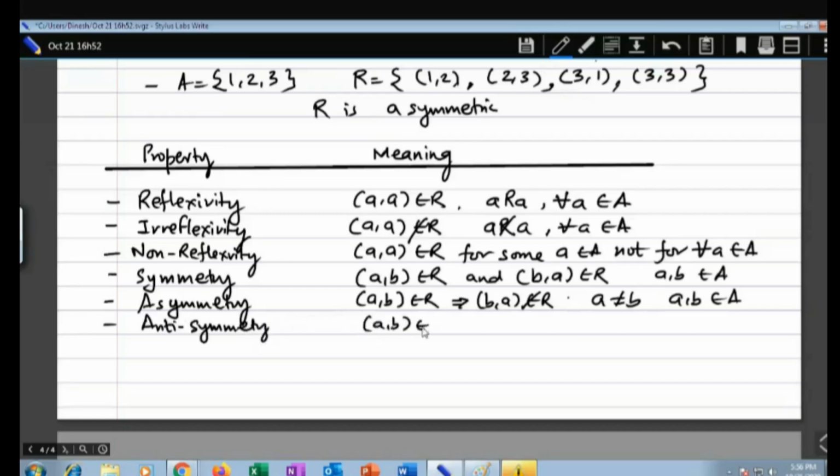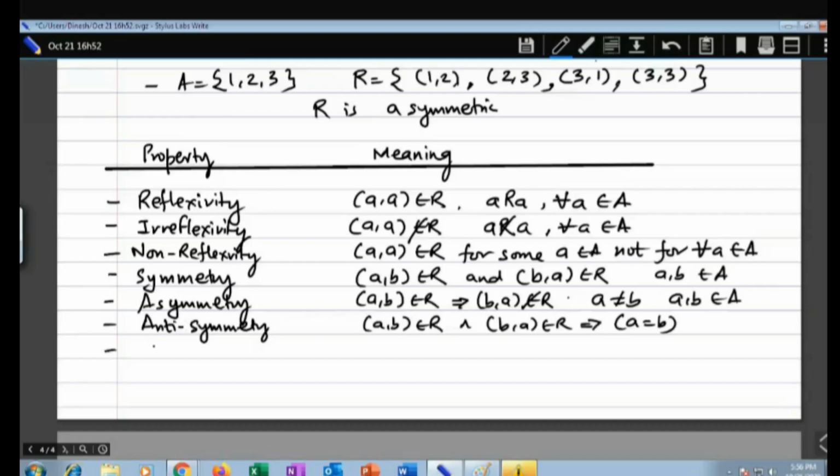And then antisymmetry. (a, b) is in R and (b, a) is in R implies a is equal to b. Or you can even place 'and' over here.